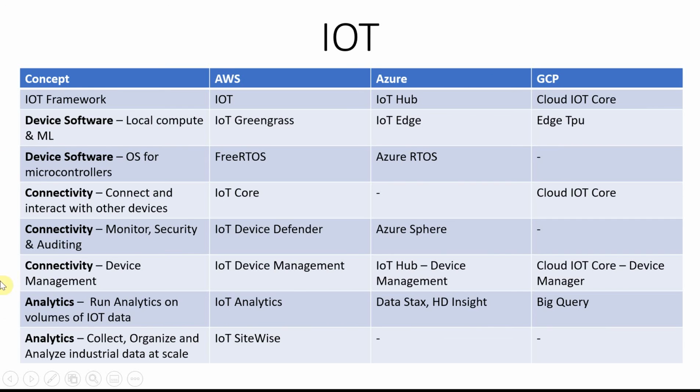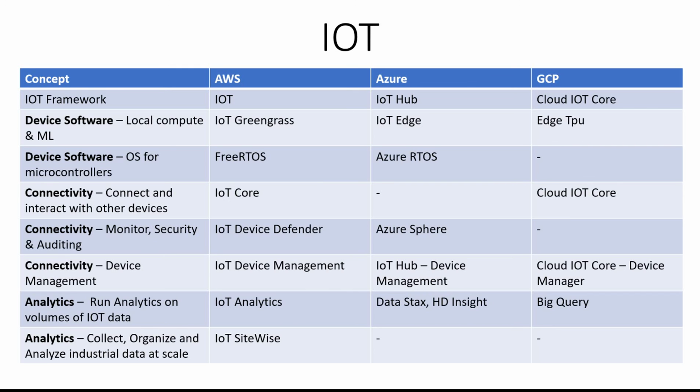I spent a lot of time on this to get this data. It is not obvious. I had to look at and understand these products. I've not worked on these products yet, and I think it is not easy to consolidate. I don't see much data on the internet also, especially in the IoT space. But this comparison gives me a perspective of how to see all these cloud providers.